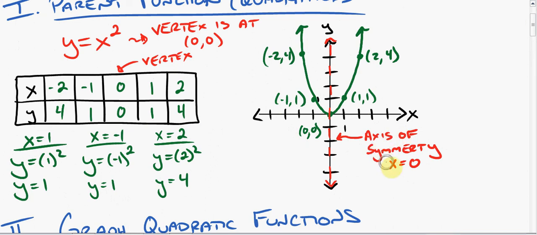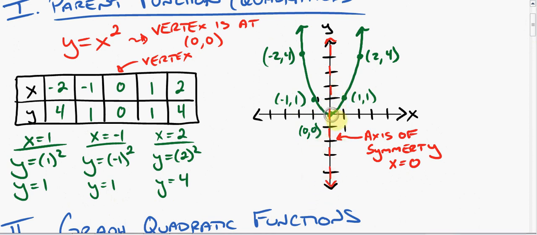Your axis of symmetry will always be the x value of your vertex. What is the x value of my vertex? 0. So it's x equals 0. The last thing I want you to notice is that this U-shape, this parabola, opens up. So since it opens up, it's going to go forever and ever in the positive direction, but not in the negative.